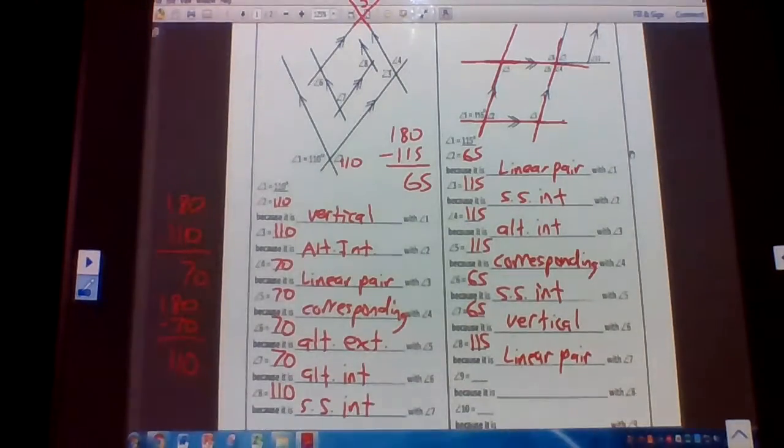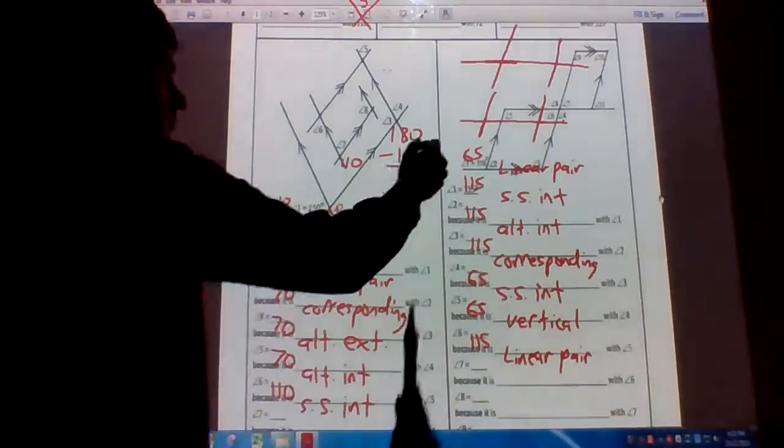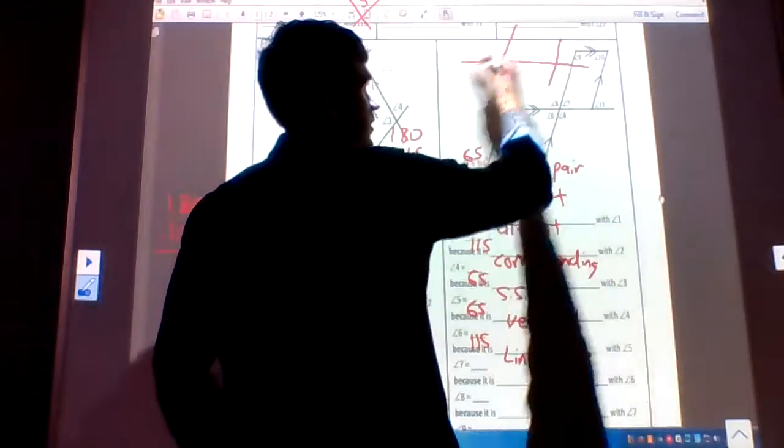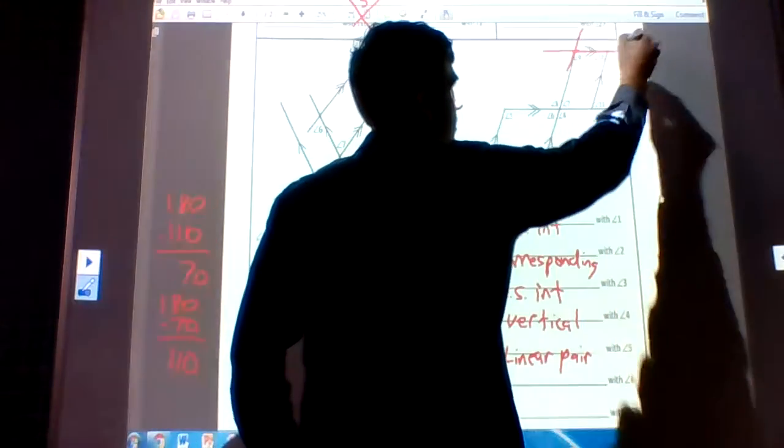Okay, 8 and 9, we can't see 9 on there. But if you look on your sheet, those are going to be alternate interior angles. So here would be here, right?